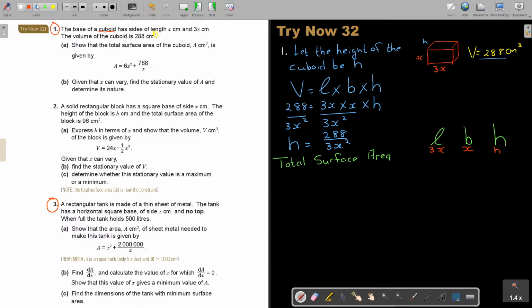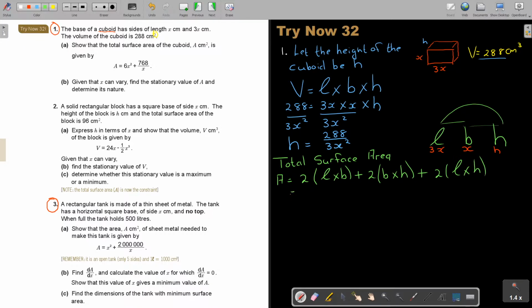So the total surface area is first 2 times length times breadth, plus 2 times breadth times height, plus 2 times length times height.